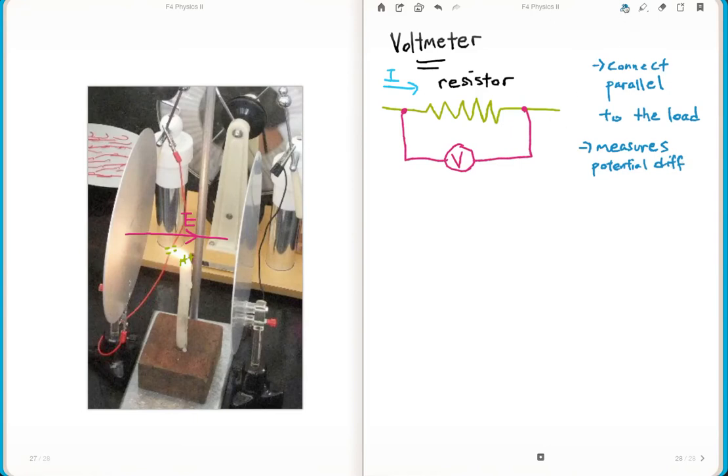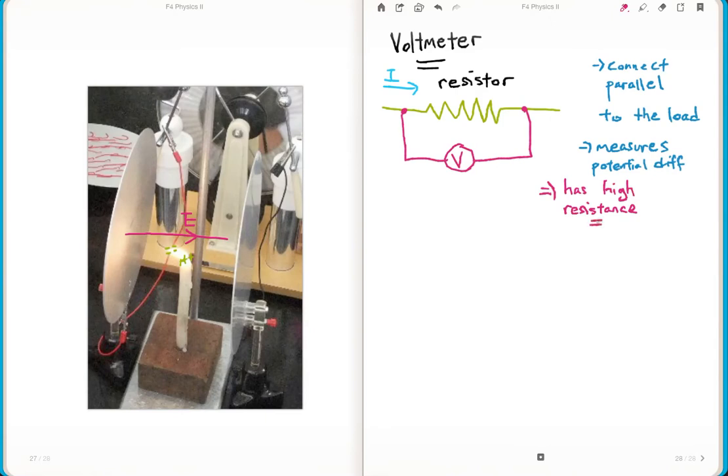And one characteristic about the voltmeter: when you have a junction here, what happens? The current would split. So the voltmeter is going to have very high resistance, to prevent any charge from flowing into the voltmeter.